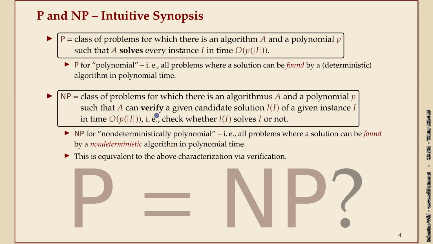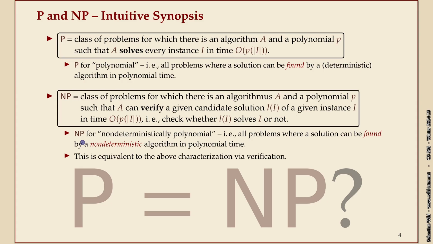Say in the TSP problem, we would be given the distance matrix and a specific permutation of the cities. We still have no way of knowing whether that is the best possible round trip. But if you give me the cities and the round trip and ask, is that round trip shorter than some threshold? I can answer that. And that's what this is really asking only for. It's a very weak requirement.